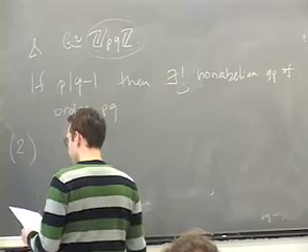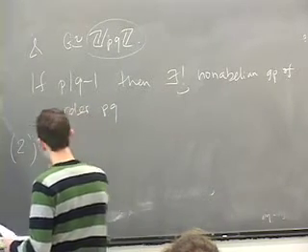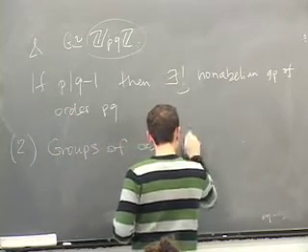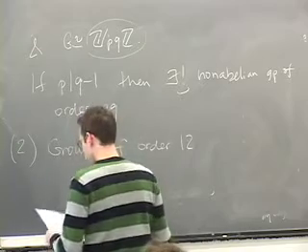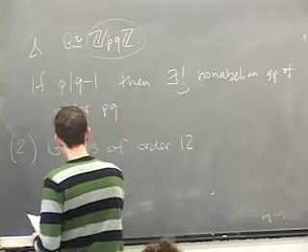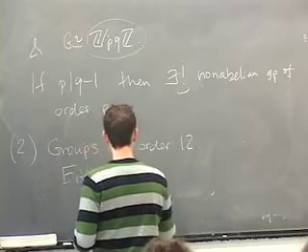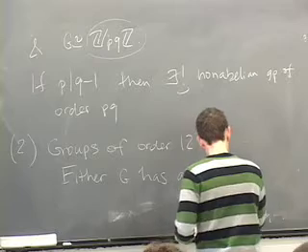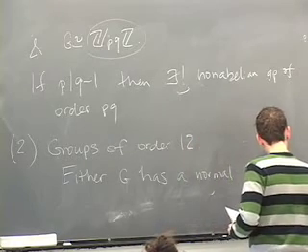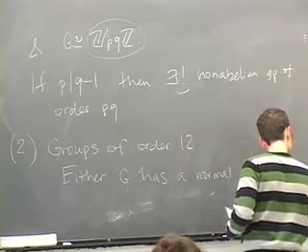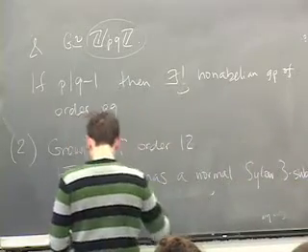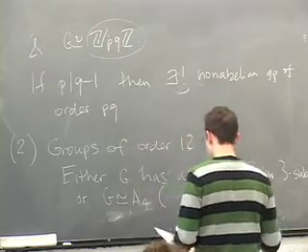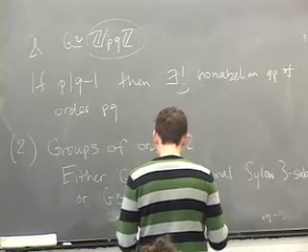So the second thing that you read about in the book is groups of order 12. With groups of order 12, you can show that either G has a normal Sylow 3 subgroup, or G is isomorphic to A4, which has a normal Sylow 2 subgroup.